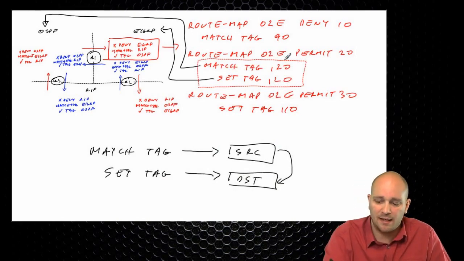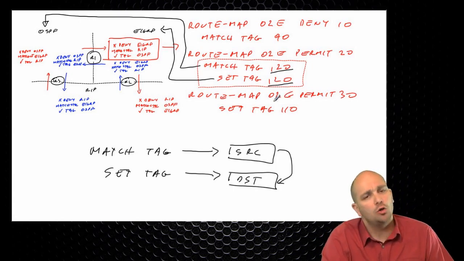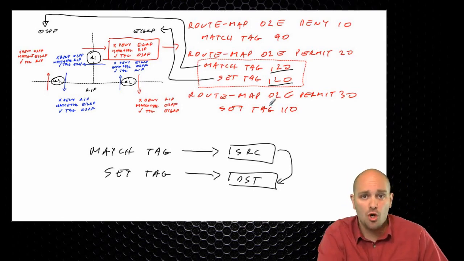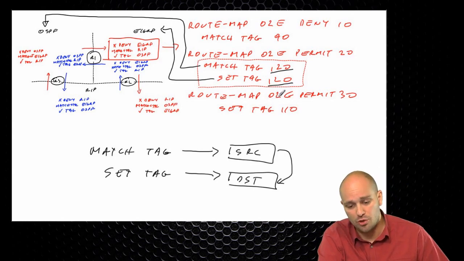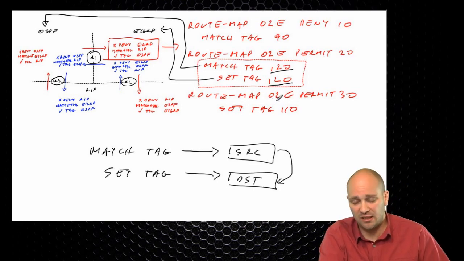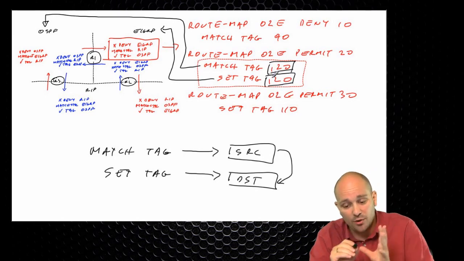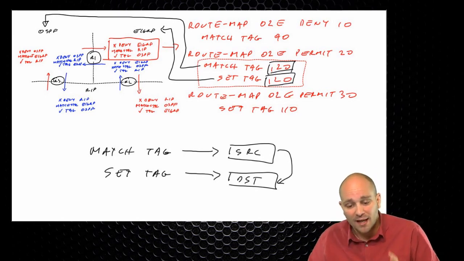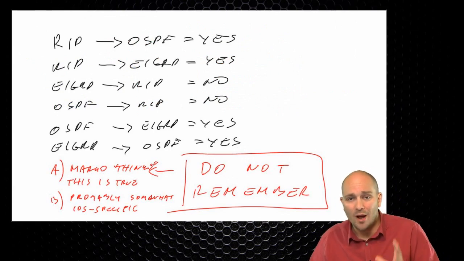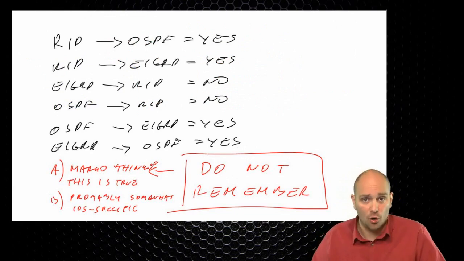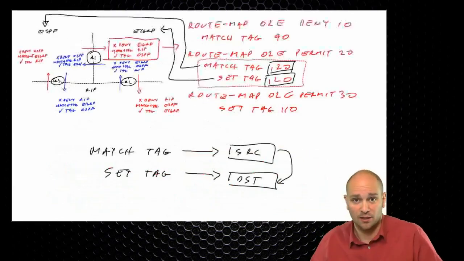Technically speaking, the tag 120 here and the tag 120 here are not the same tag, but they have the same value. Do I care that the same bits, the same electrons, were not actually used to generate this new route? I couldn't care less, as long as this value matches this value. With this approach, I avoid having to remember when the tag will be copied when the route gets generated. I don't have to worry about that one little bit.